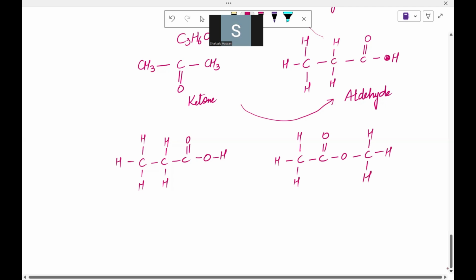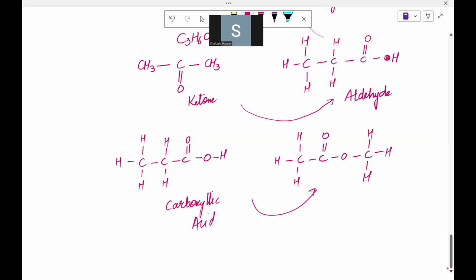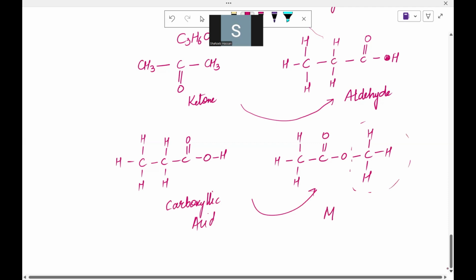So this one is basically a carboxylic acid. And this is an ester. We will name this one methyl ethanoate.